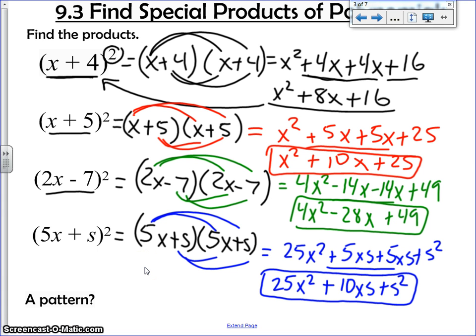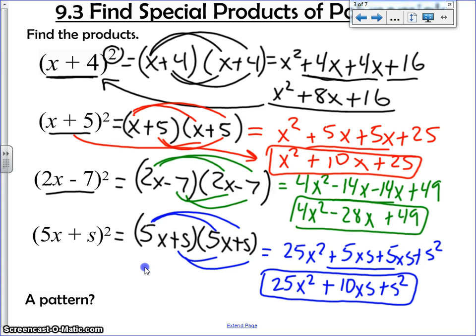All right. There's the work that I have done to get those final solutions. You can check to see with what you did to see if you figured out the pattern. So when we took x plus 5 squared, notice it ended up being x squared. We had 5x twice plus 10x and then 25. Okay.